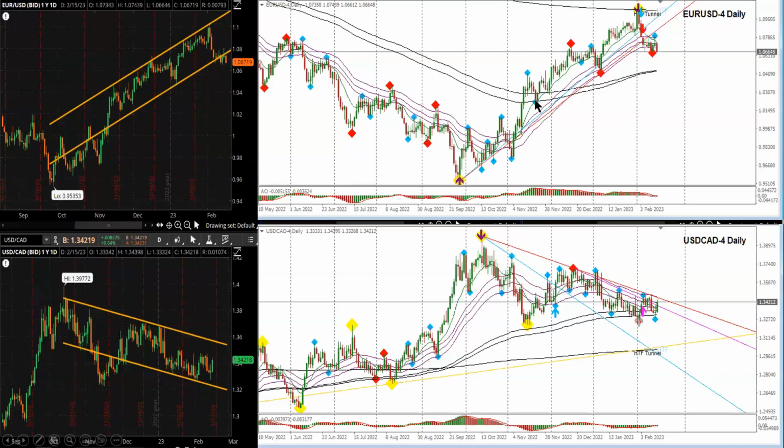This is just putting a personality to the charts with just channel lines, which is fine, but I like to see this as well. Now in dollar Canada, this is interesting, because doesn't this look like the wavy tunnel setup with the strong move up for the end of wave 5 and then a nice ABC correction?